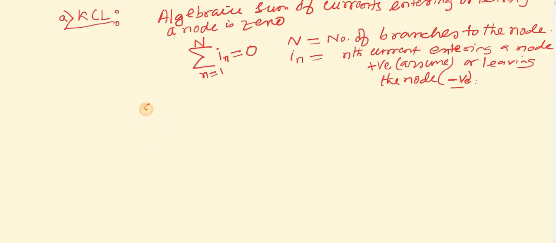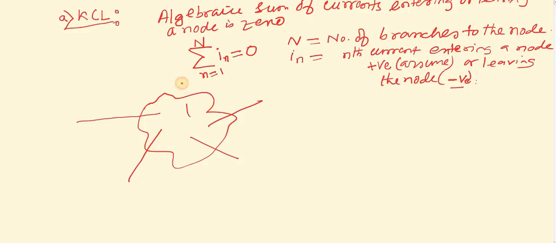Say a network junction like this, and these are all the branches connected through this junction.